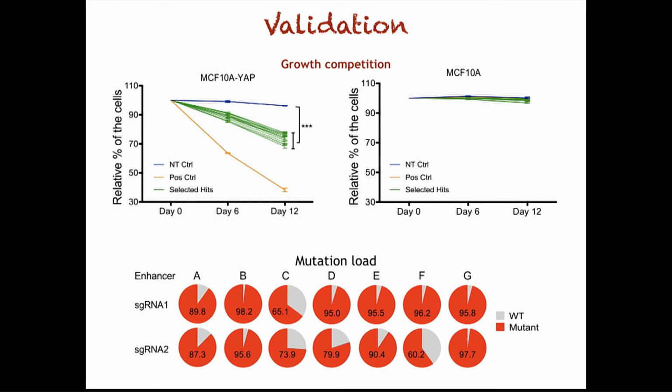So it's very effective. And the result on cell proliferation is reduced proliferation of these MCF10A cells, not as much as the positive control here, which targets, again, the active YAP. So these are lower but significant, and there is completely no effect on MCF10A. So this is very specific to the YAP function.